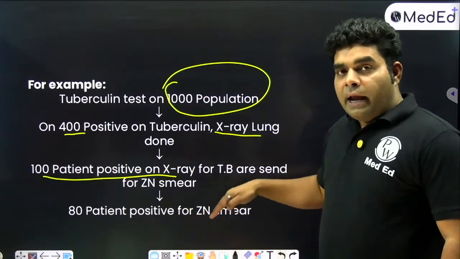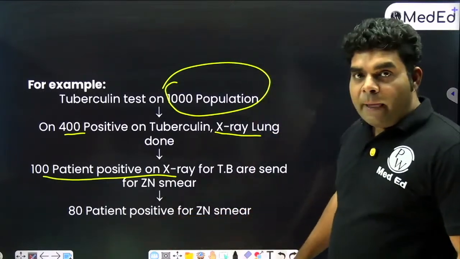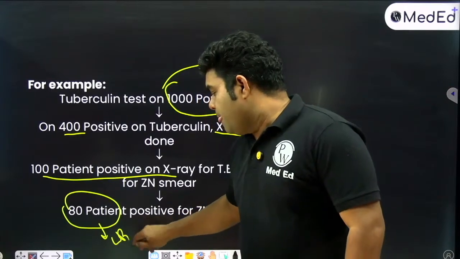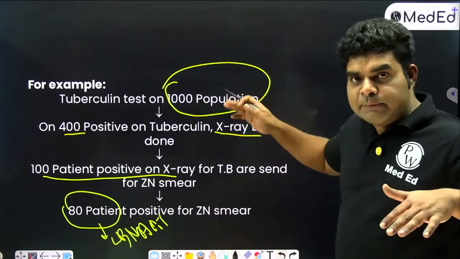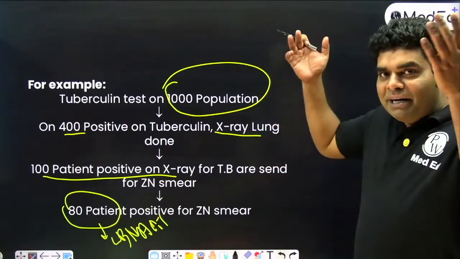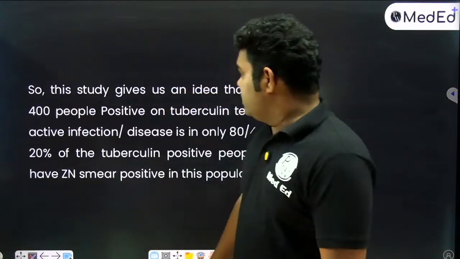And then out of those 100 patients, 80 came positive for tuberculosis. And on those 80 people, suppose you did CBNAAT or something else. So this type of study is multi-phase, because first you took a large population, then you keep decreasing it to smaller ones. So this is multi-phase random sampling. Okay, so I hope this is clear.